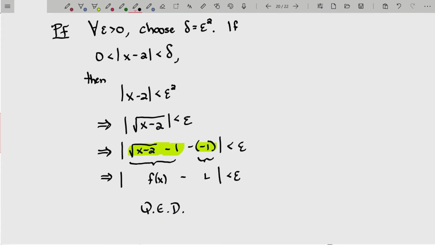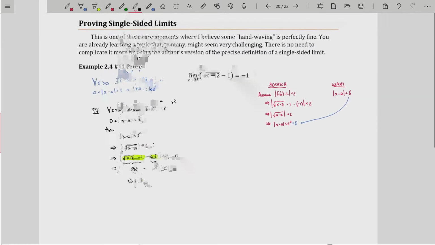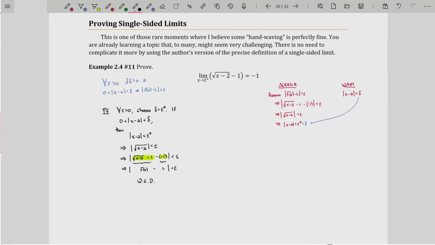It is very fast if you don't worry about the single-sided limit proof that the authors usually like. Now, I'm not discounting the single-sided limit proofs. I just think that they're a little more overcomplicated than they need to be at this point.